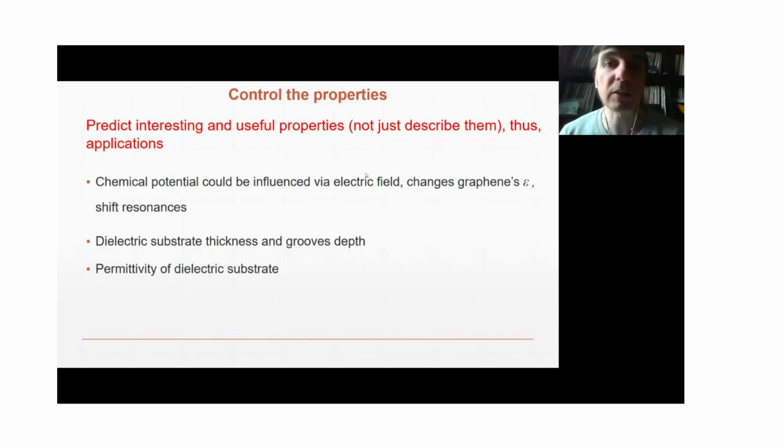So one can control the behavior of the structure, and this may lead to interesting applications.